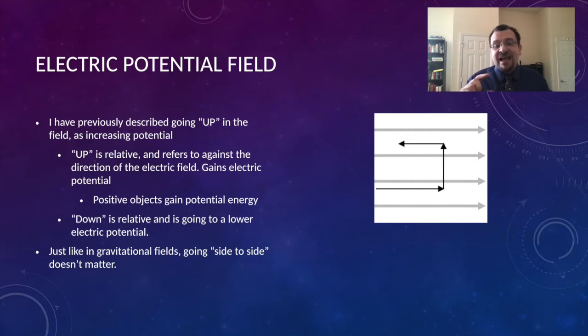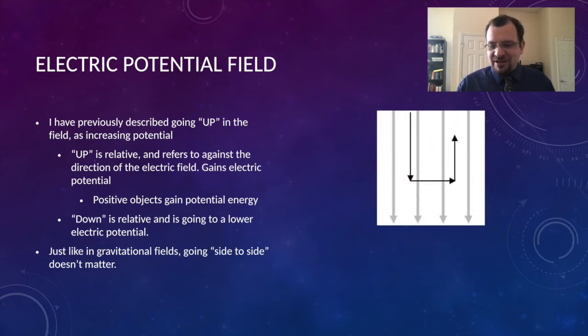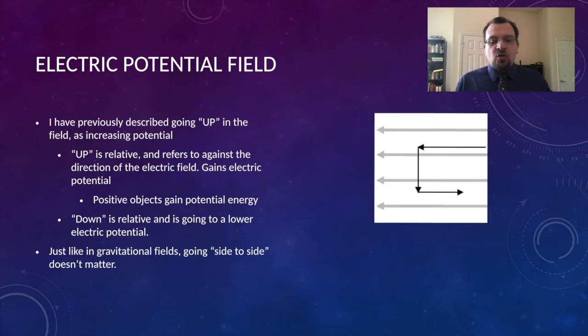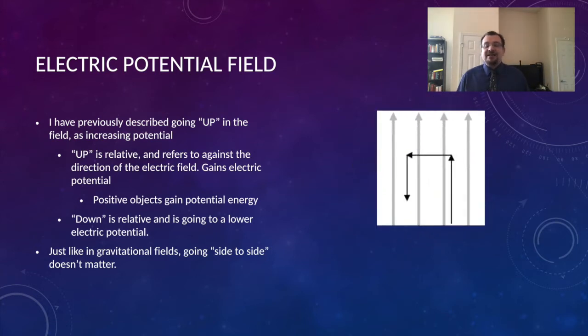So in this case, it's moving up and down in this one that doesn't end up mattering, because the electric field is left and right. And as we can see, as I spin this around, it doesn't really matter which direction it's going. It's the direction relative to the electric field that ends up mattering. So let's do an example problem with this.